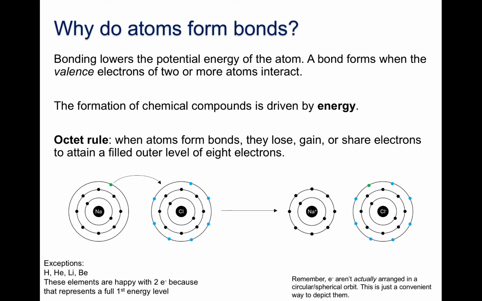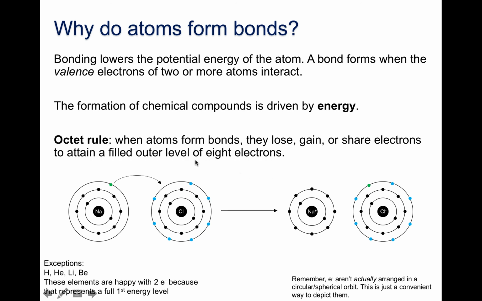And so as an example, you know that sodium and chlorine will often interact with one another, where sodium will donate 1 electron to chlorine to form an ionic bond between the 2 elements.